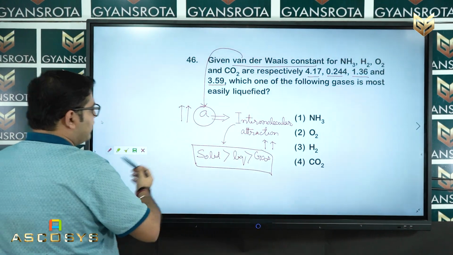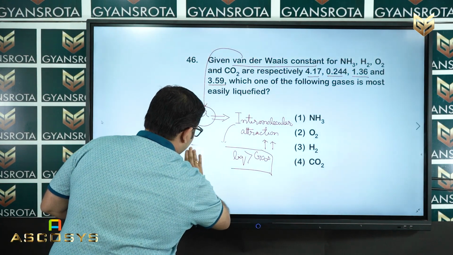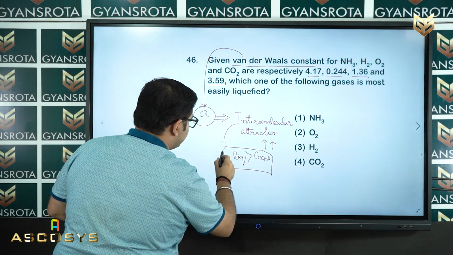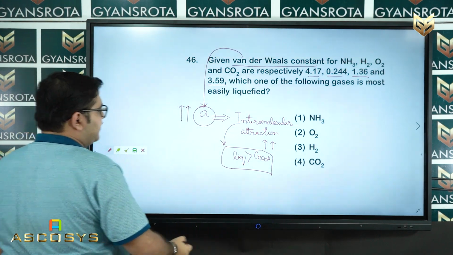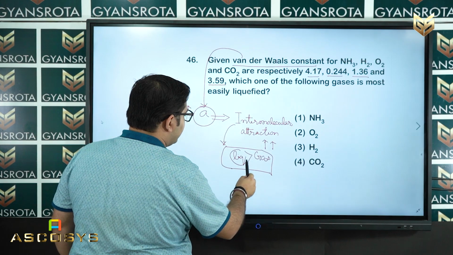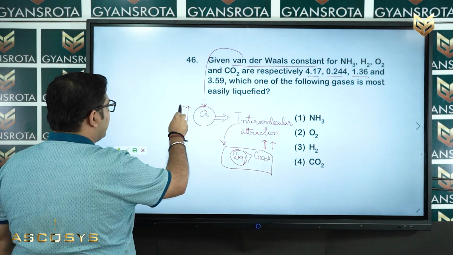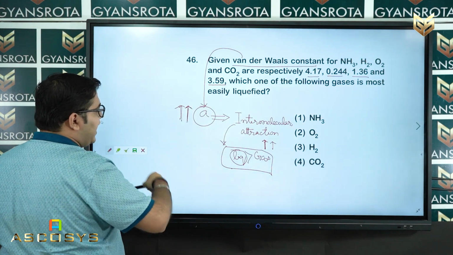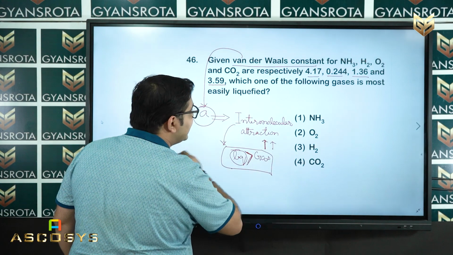In this we do not require the solid part, so I am going to rub this part and only show liquid and gas. The liquid has the higher intermolecular attraction, meaning it has the higher value of A. If it has a higher value of A, then the gas will be easily liquefied.